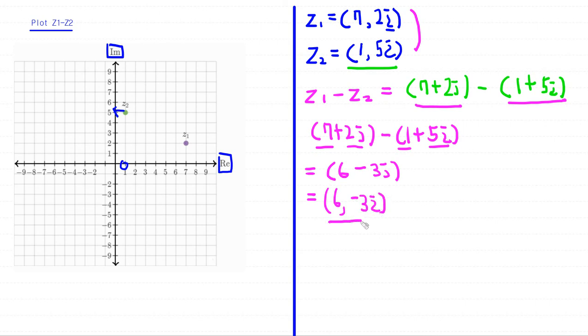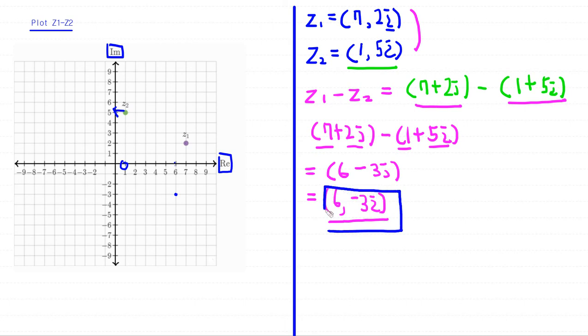This is our coordinate that we have to plot on the coordinate plane. The real value is 6, and the imaginary value should be negative 3, so we go down all the way to negative 3 right over here. This is our coordinate of 6, comma, minus 3i.